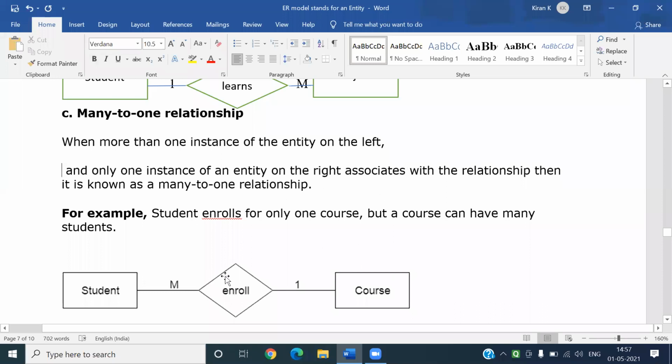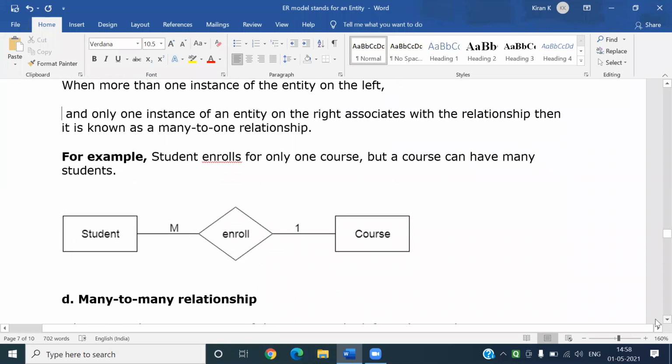If you take one student, you take one student, enrolls for a course. Take a course called BTech CSE. Many students from this student entity can enroll to a course, BTech CSE, consisting of 60 students or 120 students.